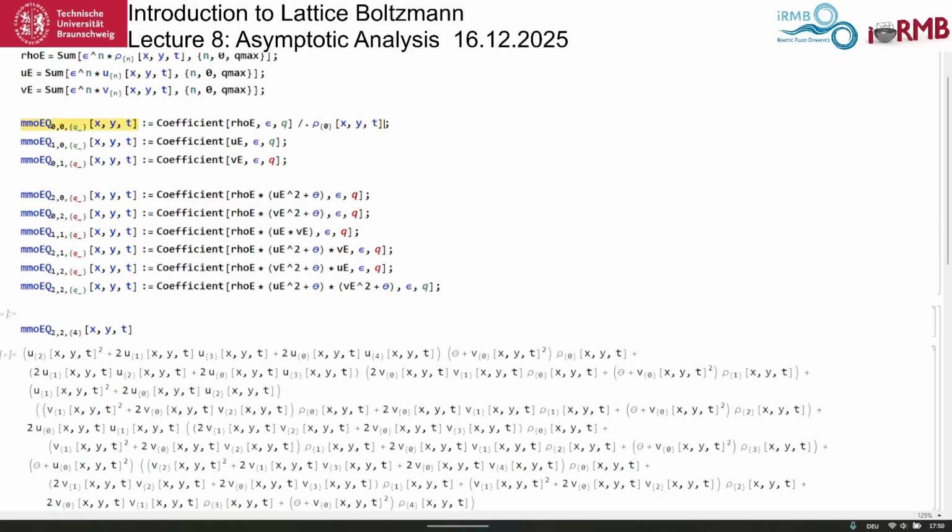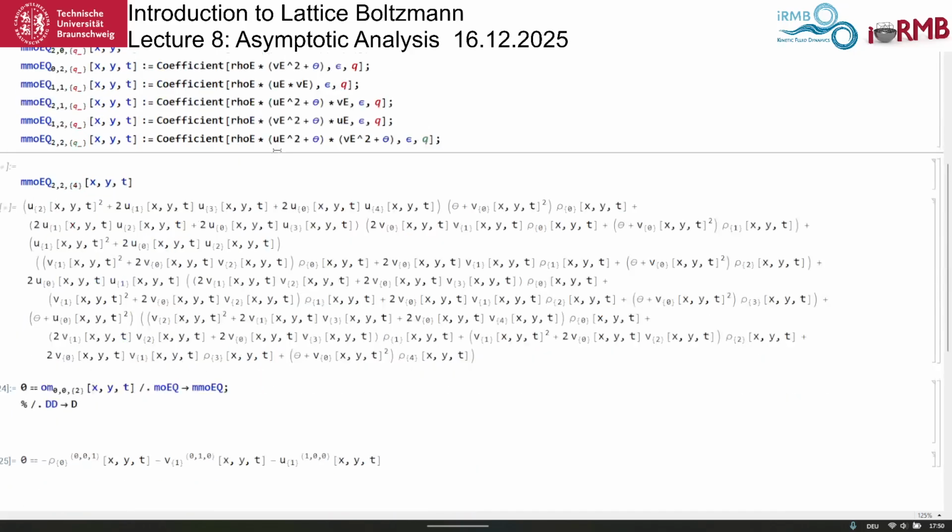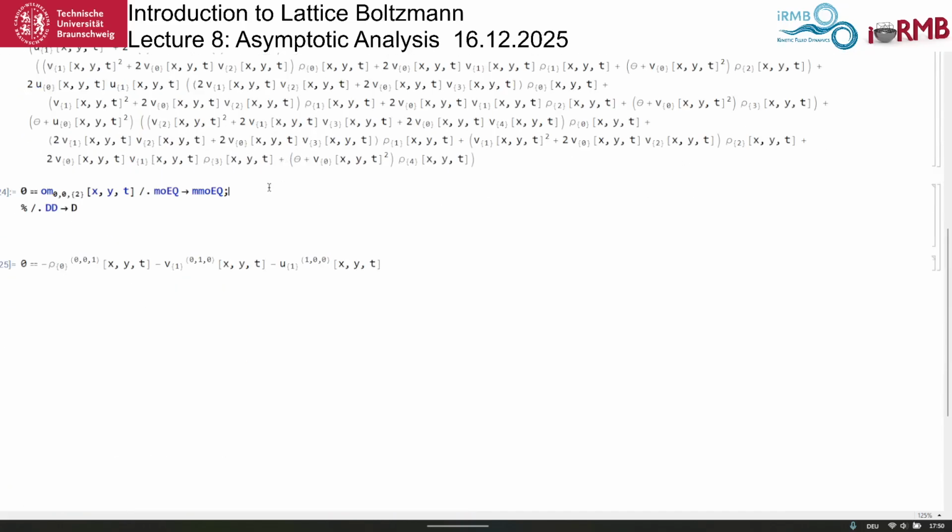All I have to do is make this independent of x, y, and t. So if it's not a function of x, y, and t, it will disappear, because when you take the derivative, it disappears.